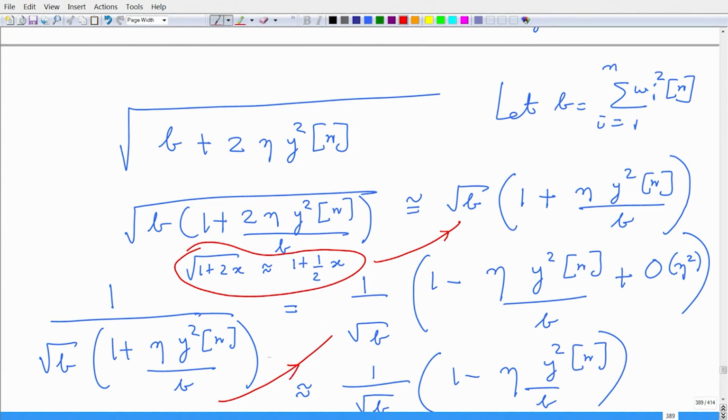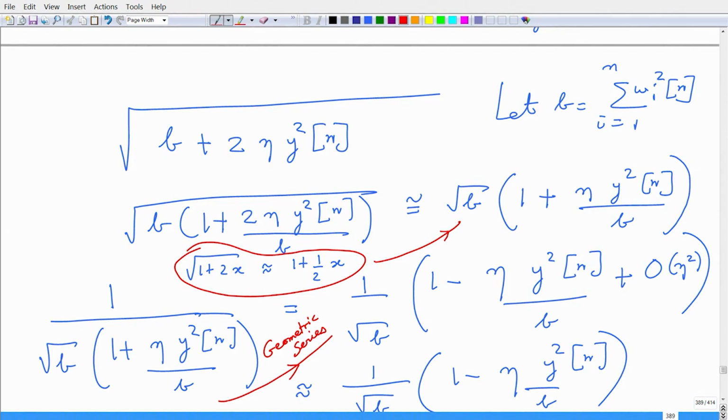This is basically a geometric series. So, I get 1 minus eta times y square of n upon b plus higher order terms, because now I have it completely in the numerator terms.